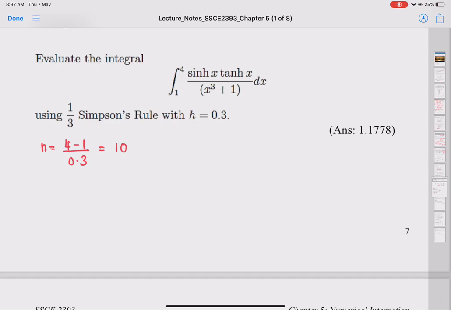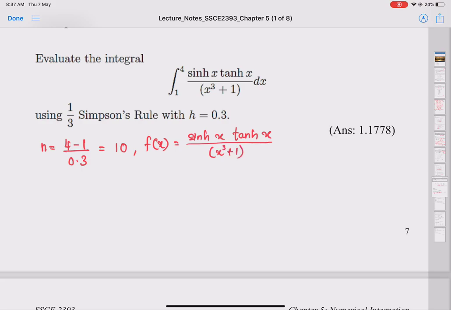And your f(x) is equal to sin x tan x divided by x cubed plus 1.